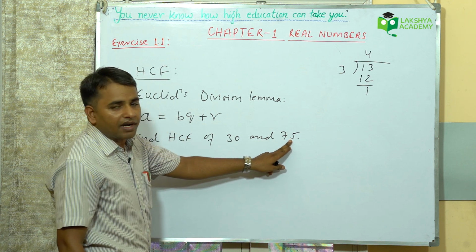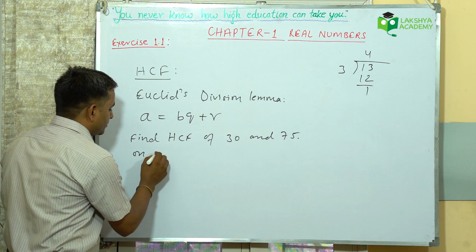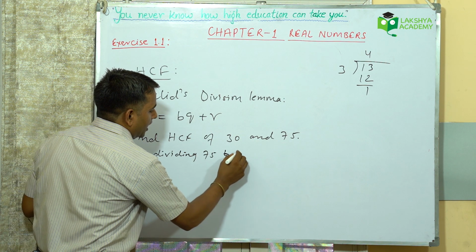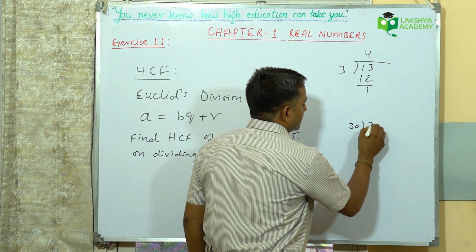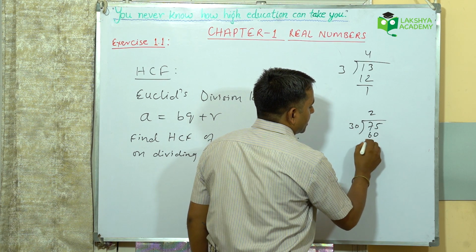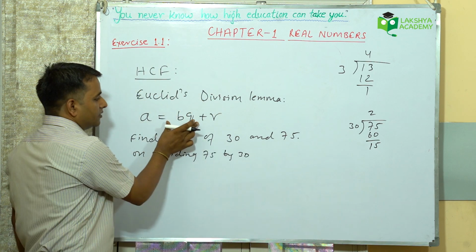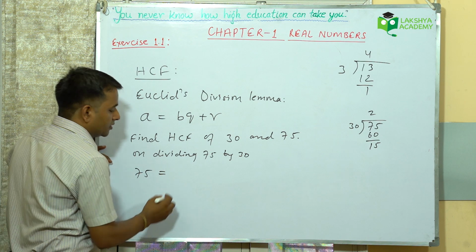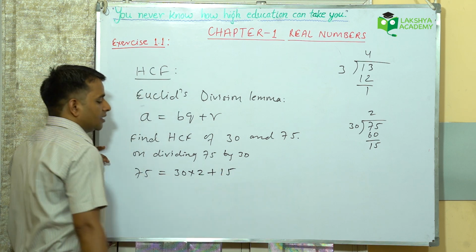We will always divide the greater number by the smaller number. So on dividing 75 by 30, 30 twos are 60, remainder is 15. So again we write this in the form: 75 = 30 × 2 + 15.